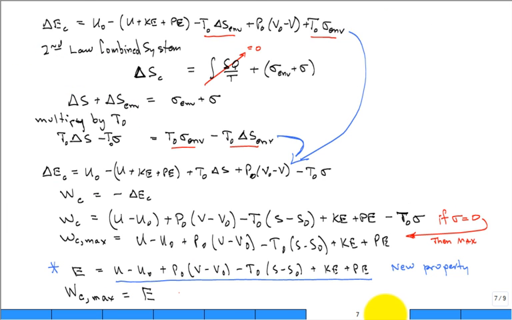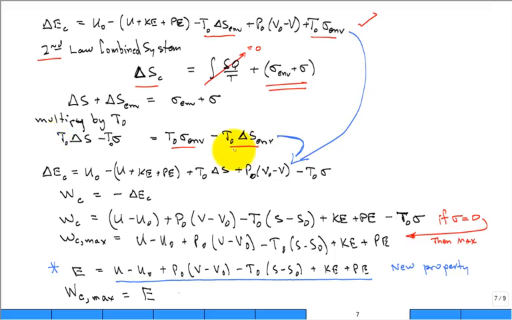So now we substitute into our equation. We have the second law for the combined system. Did I describe what we're doing? First law, second law, let's focus on the system, let's focus on the environment, let's focus on the combined system. So here we have the change in entropy of the combined system. There's no heat transfer out of the combined system. You have some irreversibilities possibly.